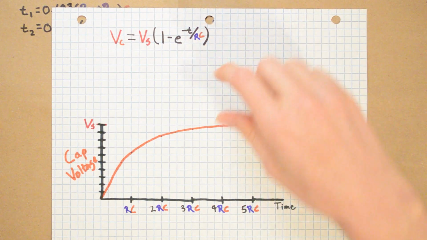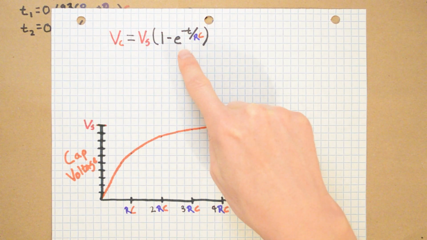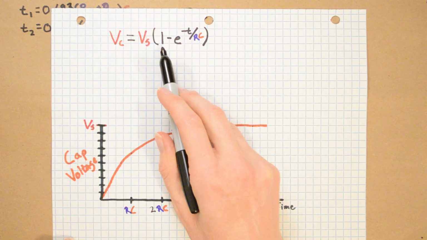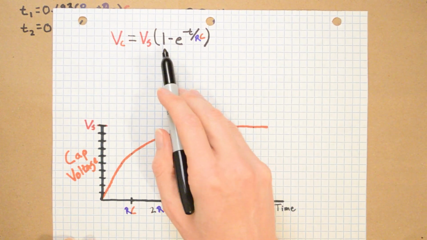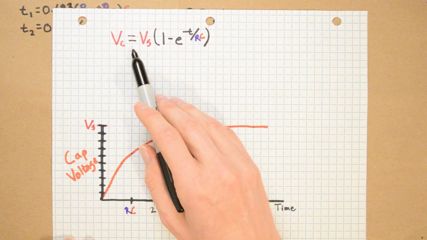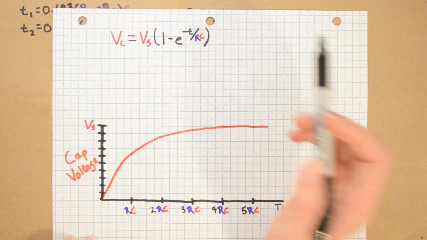So we can take our calculator and compute source voltage times 1 minus e to the negative 1. If we just take this part of the formula, we see that the capacitor voltage equals the voltage source times 0.632.